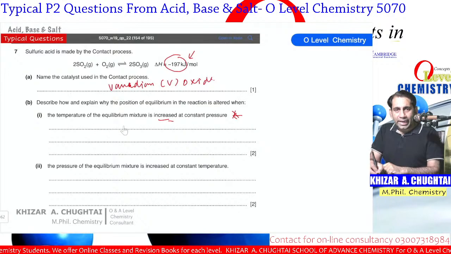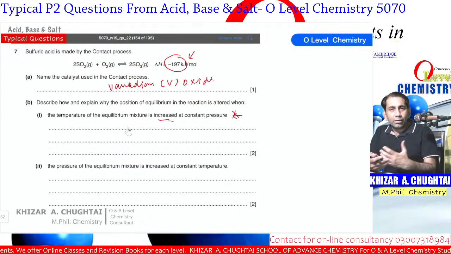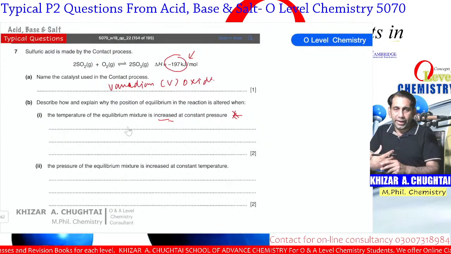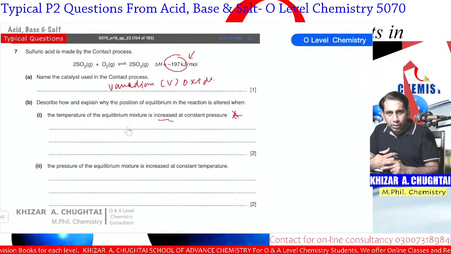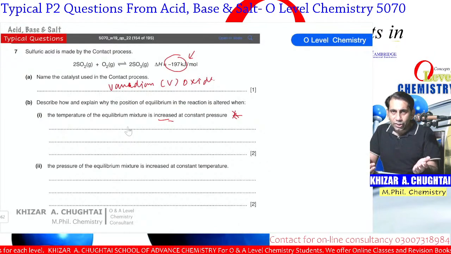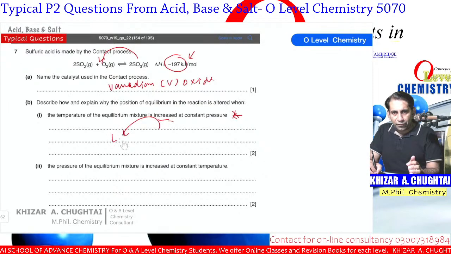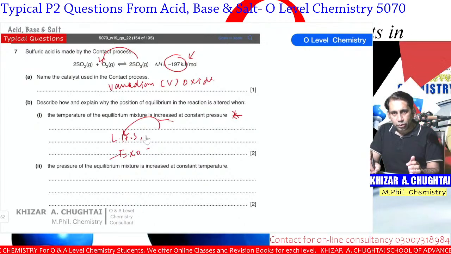So increase in temperature will reverse the reaction, will boost the backward reaction. So increasing temperature will favor the reverse reaction, and equilibrium will shift towards the backward side, the left hand side, because the reaction is exothermic.